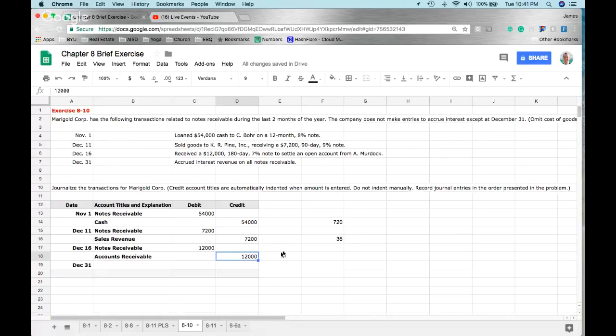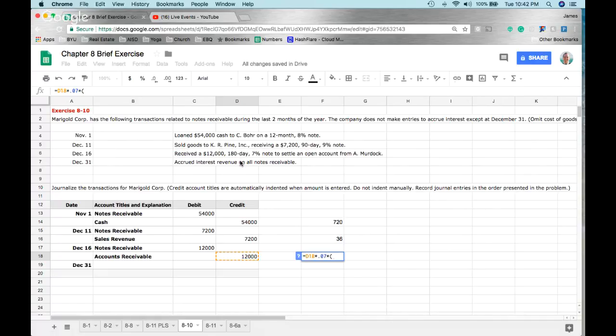And then $12,000. So the next one is $12,000 at 7% interest. So it'd be 0.07 times. And what I found is the 90-day and the 180 days up here was actually kind of confusing.